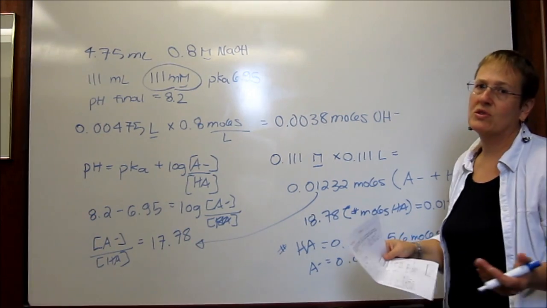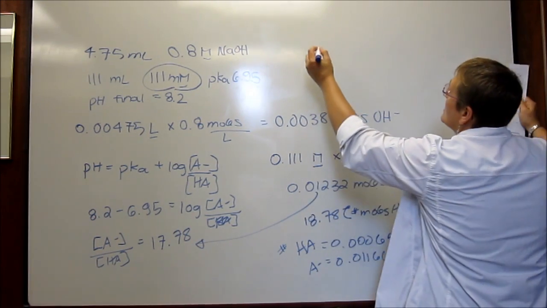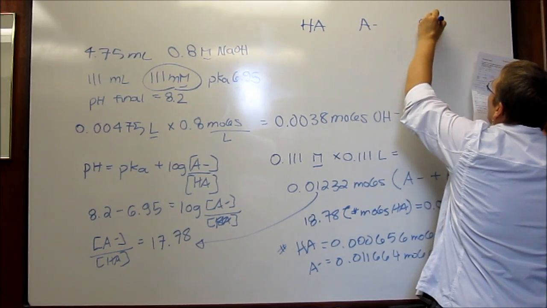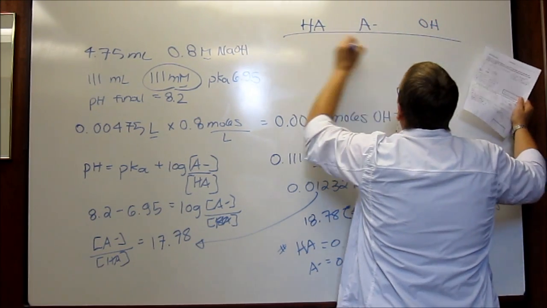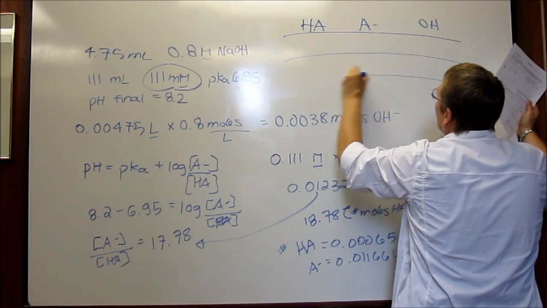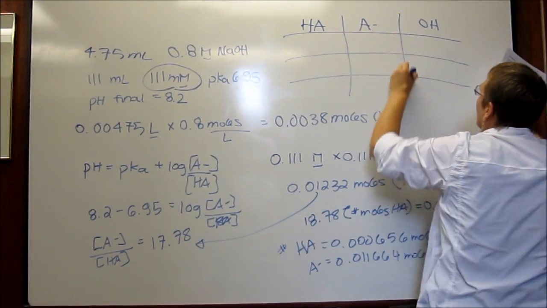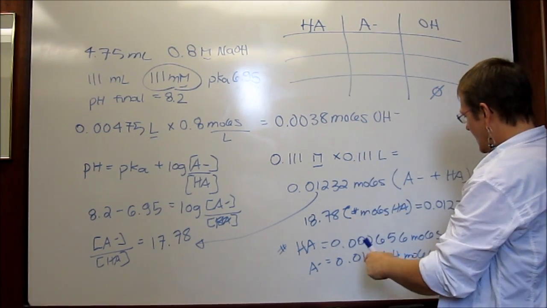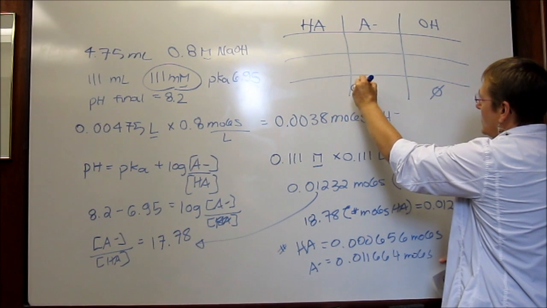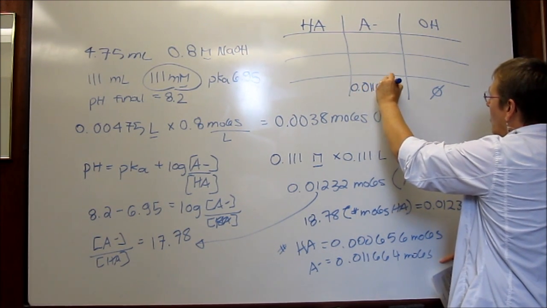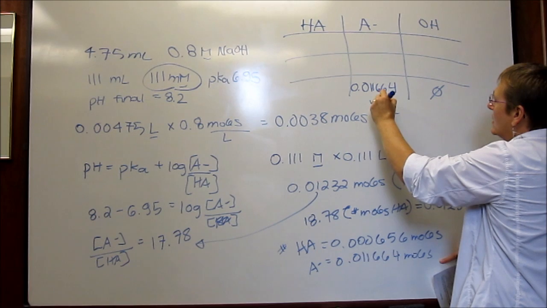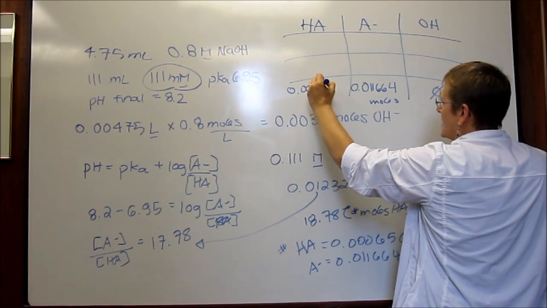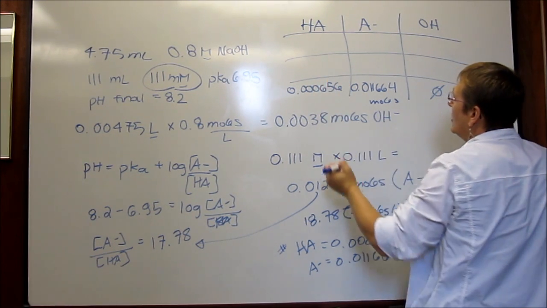Now basically what we have to do is a reverse ice table. So the way I thought of this was, if we have HA and A- and then OH, you have start, change, and equilibrium here. We're going to end up with essentially 0 there at the end. At the end of all this, we're in this position where we have 0.011664 moles, this is all moles, and 0.000656 here.